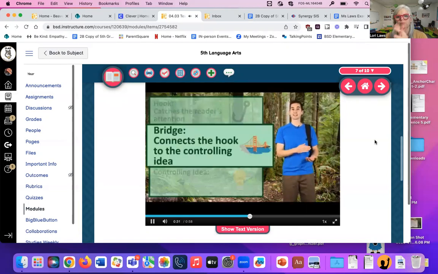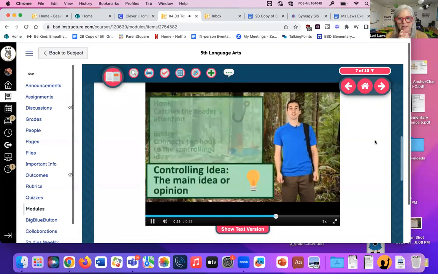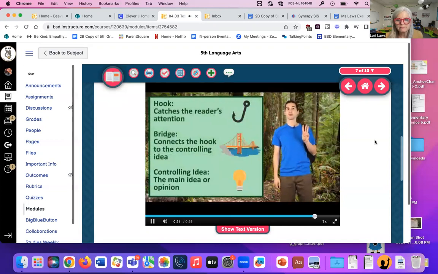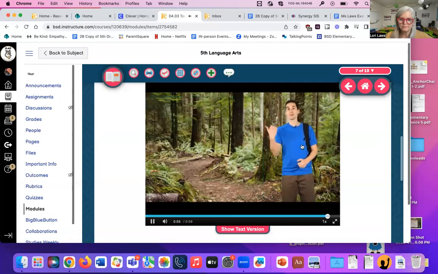The bridge connects the hook to the controlling idea and gives more detail about the topic. Then we have the controlling idea, which shares the main idea or opinion of the paper. The controlling idea responds to the prompt. All parts of the paper lead back to the controlling idea. An introduction with all 3 parts sets the direction for a great piece of writing. Come along and let's hit the trail.